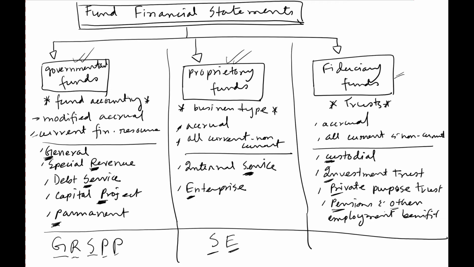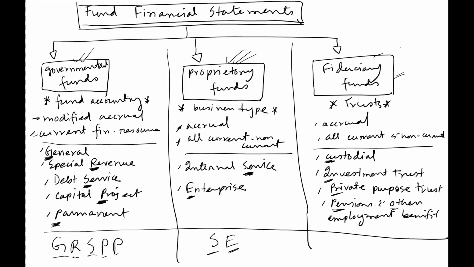For both proprietary and fiduciary funds, they will prepare the statement of net position, which covers all assets, both short-term and long-term, plus deferred outflows on one side, and on the other side all liabilities and deferred inflows. The difference between assets and liabilities we call net position.